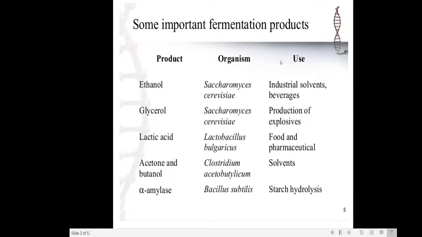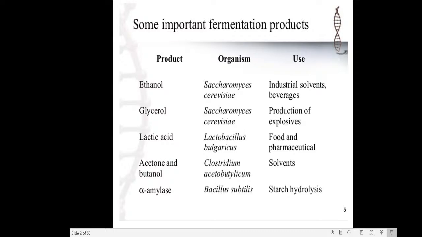In this table I included only some of the microbes. Apart from this, we have a large number of microbes that I have in a separate table. Glycerol's source organism is Saccharomyces cerevisiae, and it helps in producing explosives. Lactic acid, as we all know, is produced by Lactobacillus bulgaricus, with food and pharmaceutical applications.